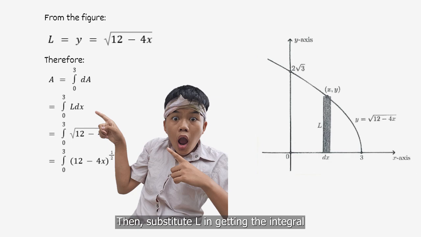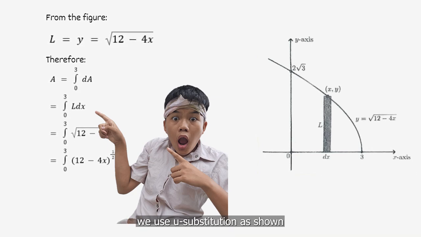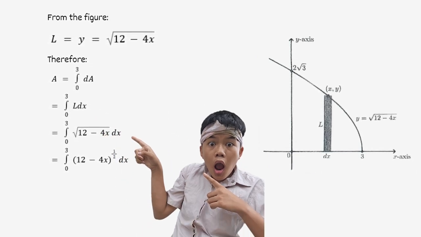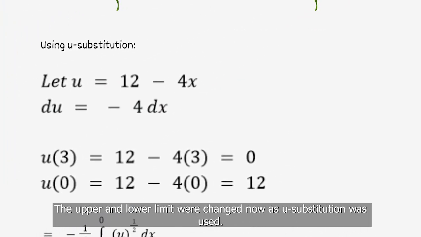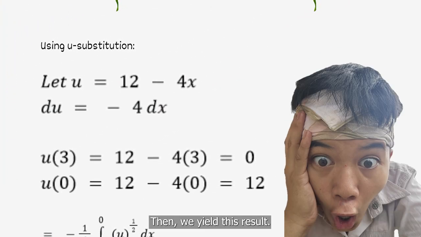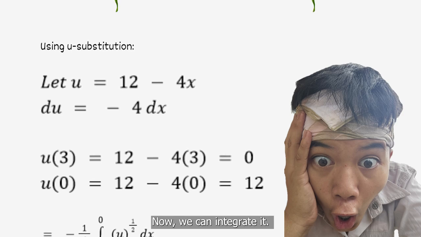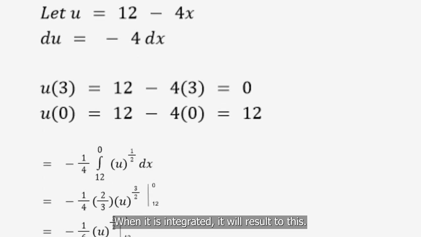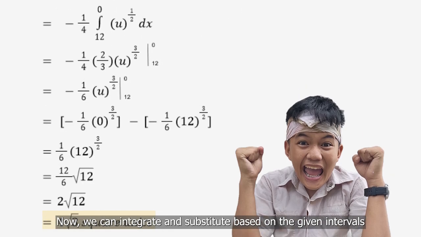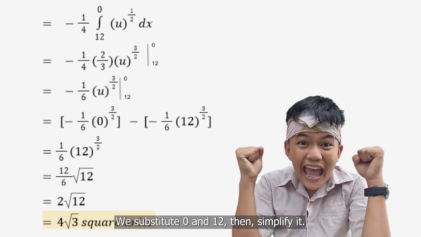Then substitute L, and to get the integral, we use u substitution as shown. The upper and lower limits were changed now that u substitution was used. Then we yield this result. Now we can integrate it. When it is integrated, it will result in this. Now we can evaluate and substitute based on the given intervals. We substitute 0 and 12. Then, simplify it. It will result in 4 square root of 3 square units. And that is your answer.